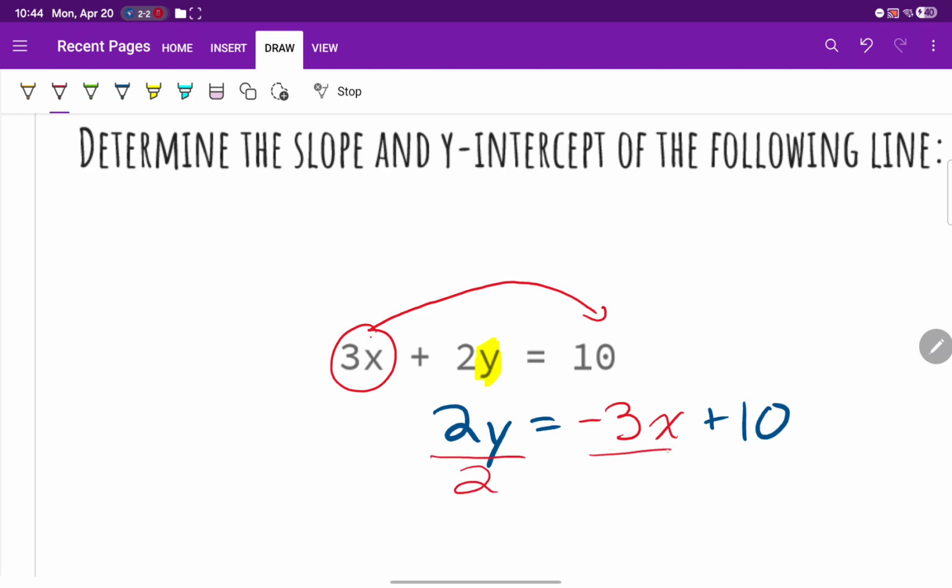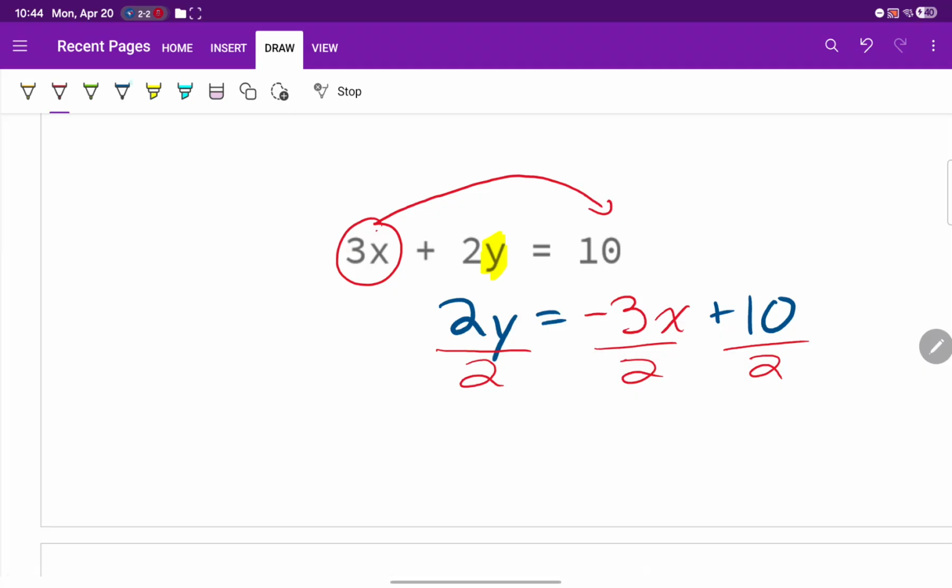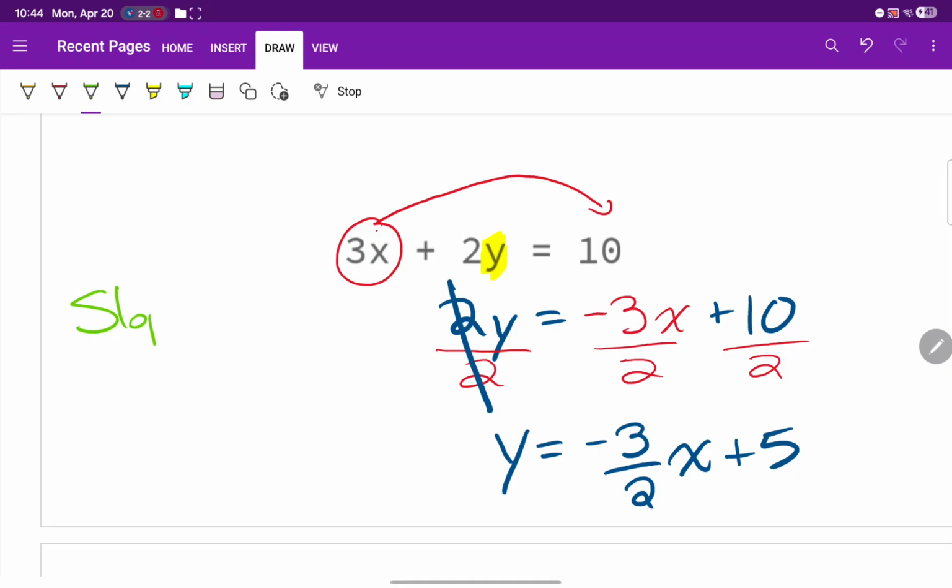Divide by 2, divide by 2, divide by 2. Those cancel out, and we get y equals negative 3 over 2x plus 5. In this question, my slope is equal to negative 3 over 2, and my y-intercept is equal to 5.